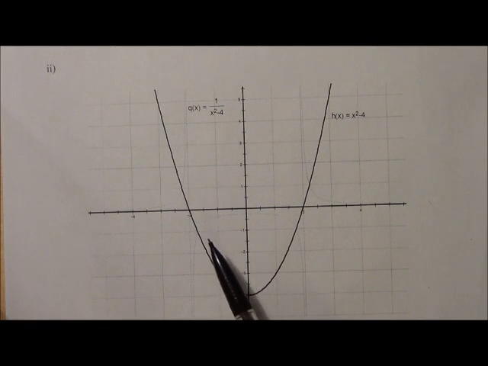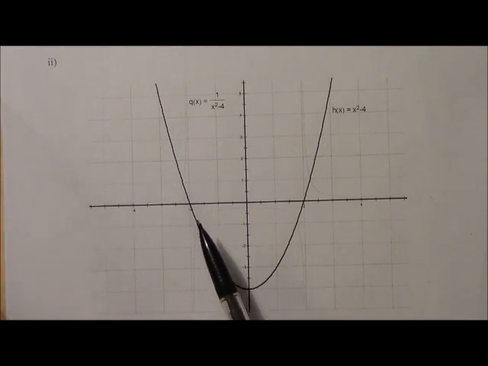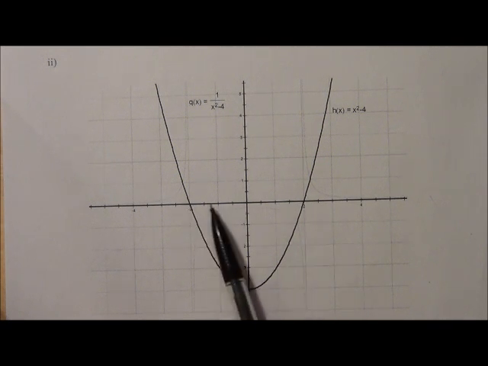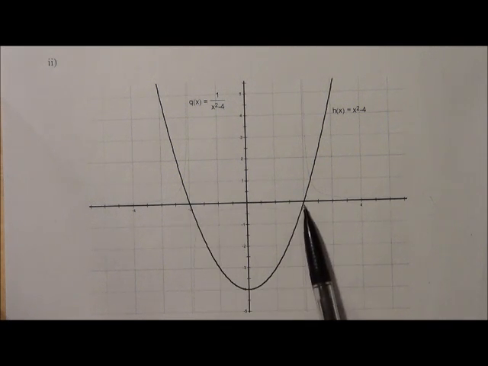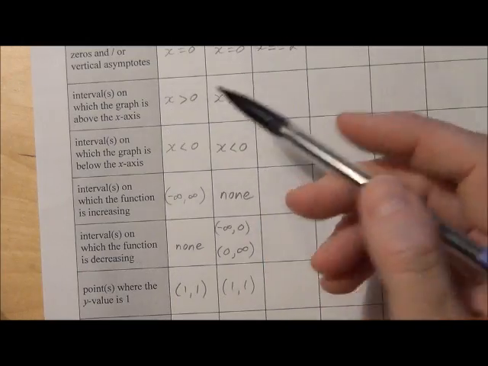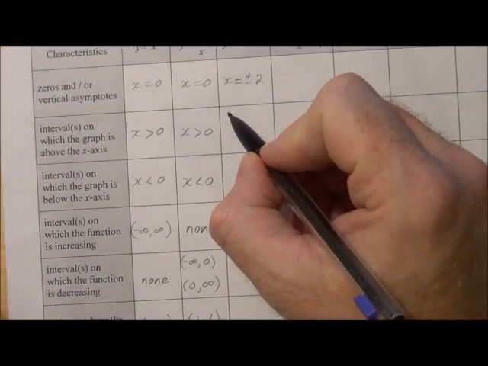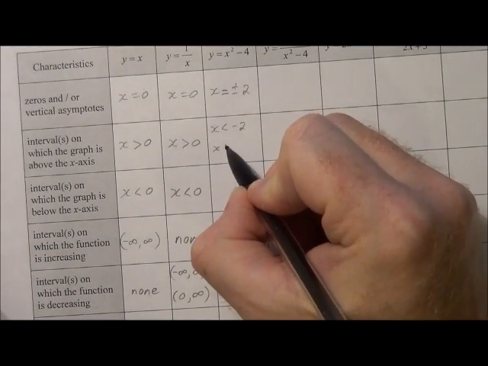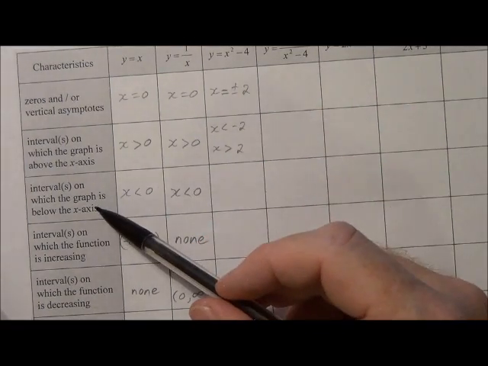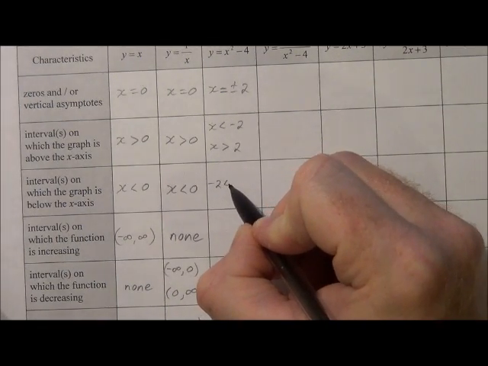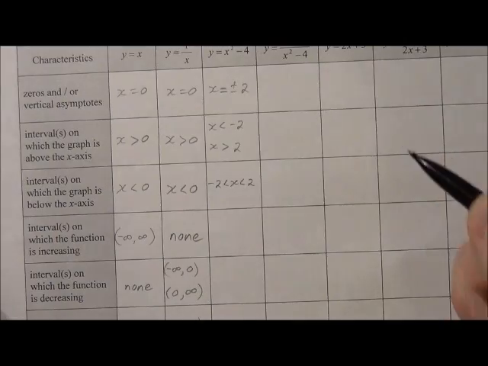And of course then we're also going to be looking at where the graph is below the x-axis, and it is below the x-axis between those 2 spots, between -2 and 2. Okay, so we can fill out those 2 cells in the table now. So the interval in which the graph is above the x-axis occurs when x is less than -2 and when x is greater than 2, and the graph is below the x-axis when -2 is less than x is less than 2.